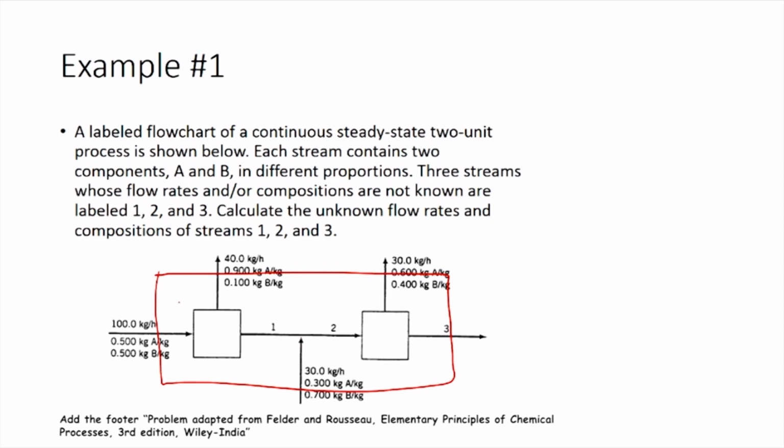Or you could consider only unit 1, only the mixing point and only unit 2. You could also have combinations of unit 1 and the mixing point, or the mixing point and unit 2, and so on. Now that we have the possible systems, we will start with the overall system. That would be the easiest and most efficient way to solve such a problem.